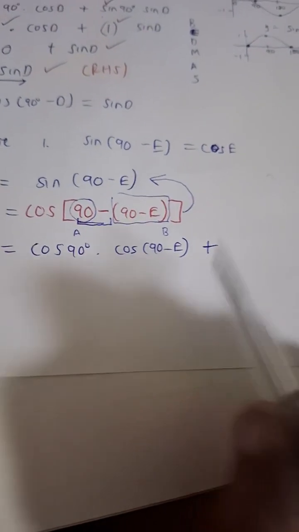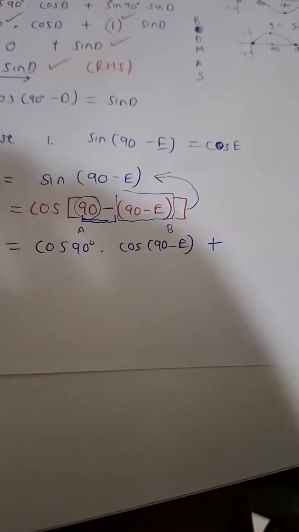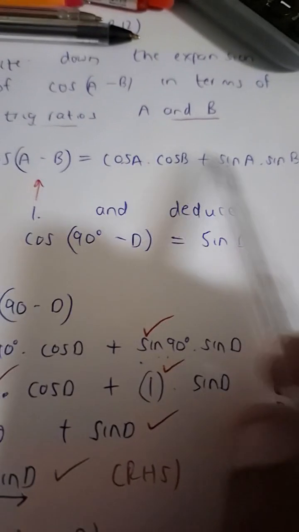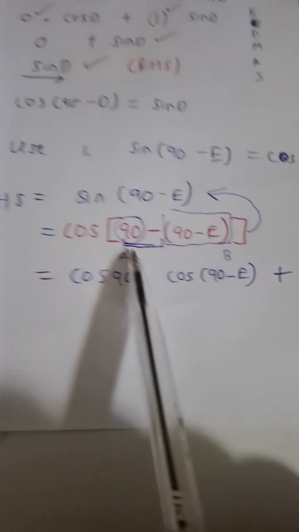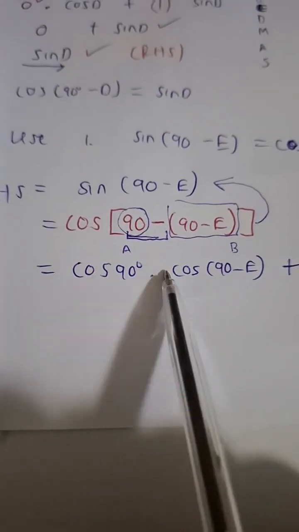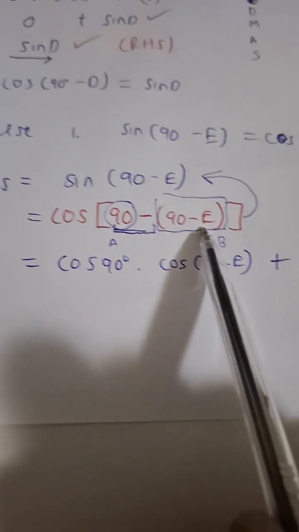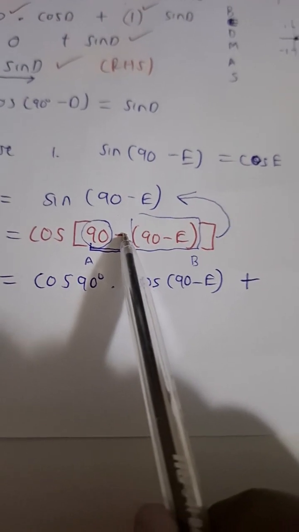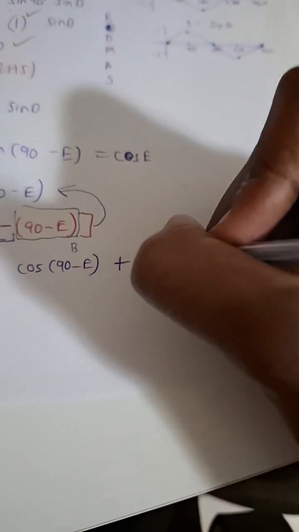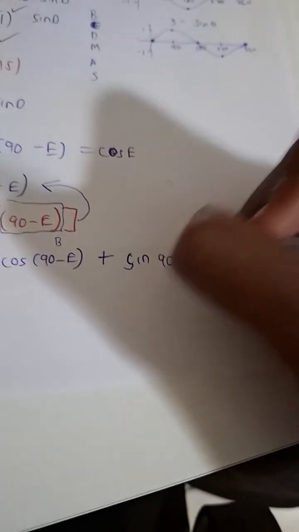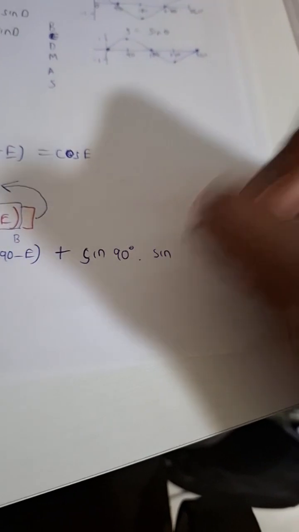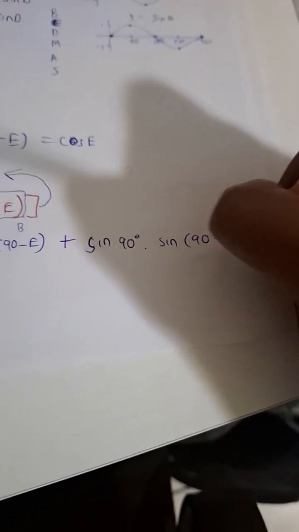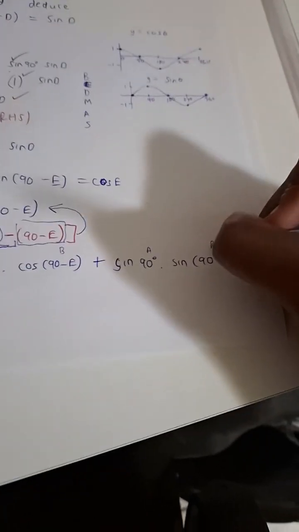Okay, I'm looking at my formula sheet and my expansion of cos. There it is. So it's cos A cos B, but now I'm going to say cos 90 minus e. Then I change the minus, because it's a subtraction, to plus, and I say sine of 90 minus e. This is like my A, B.